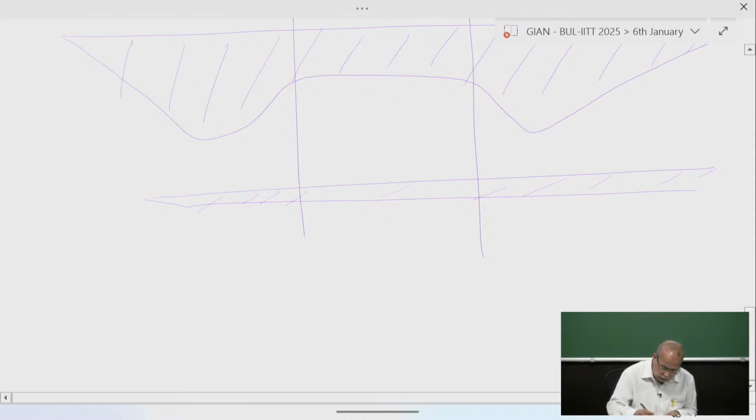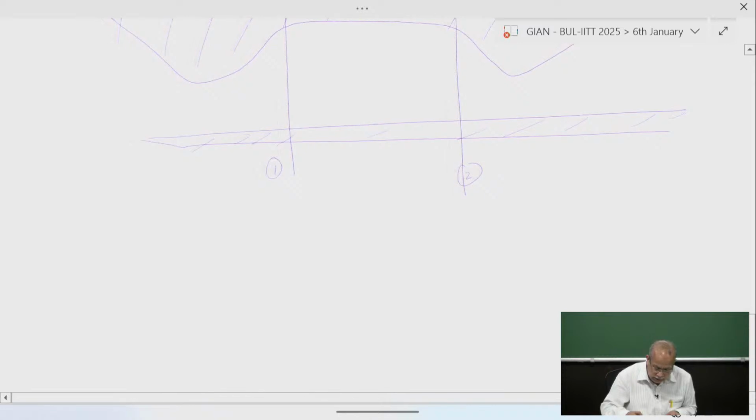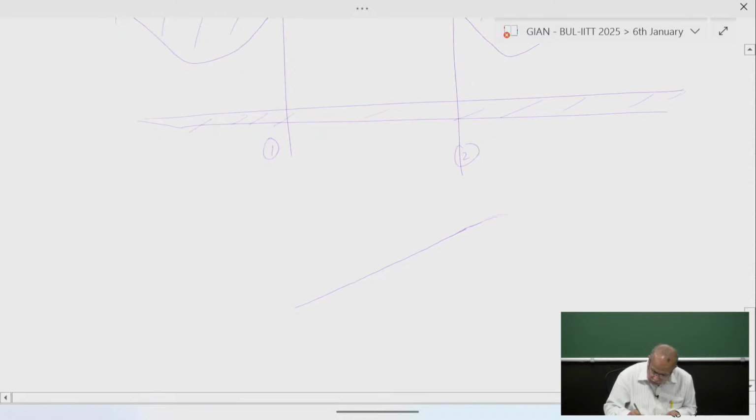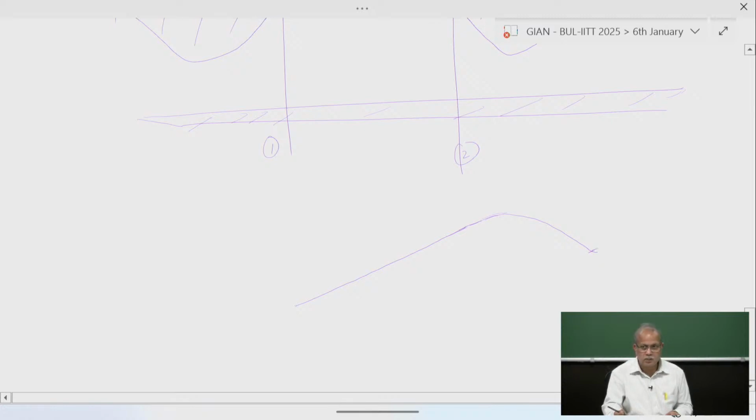This is 1 and this is 2. Now if I'm trying to draw the Rayleigh line, it will look something like this. The theory will go to H max and then to S max. This is the upper branch of the Rayleigh line.